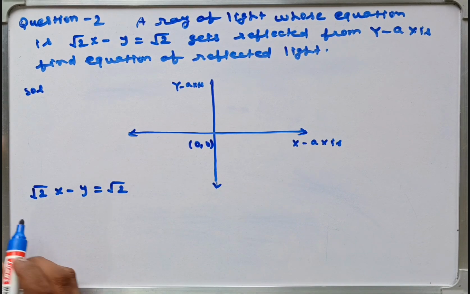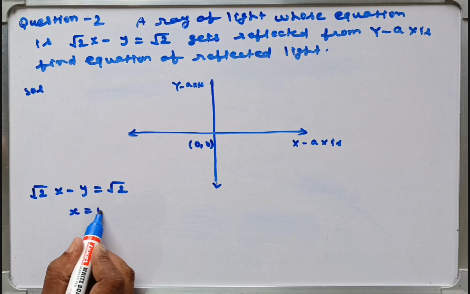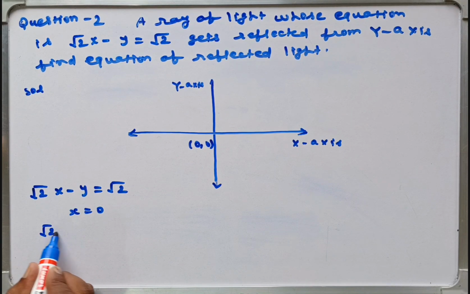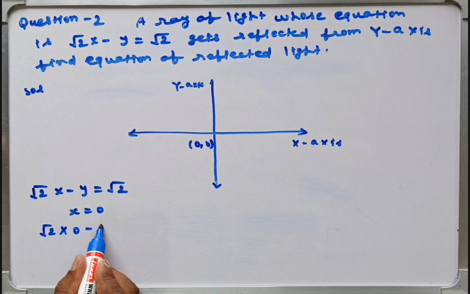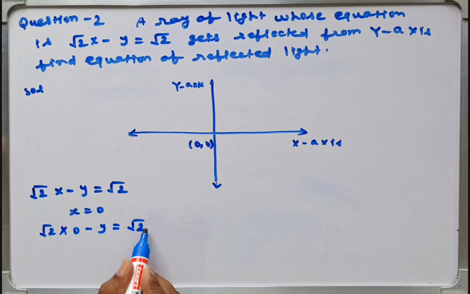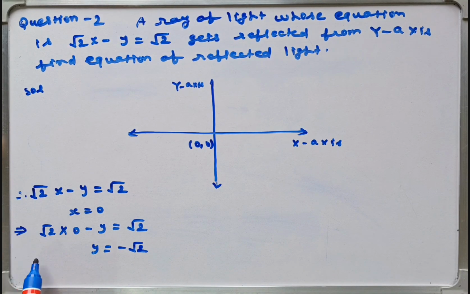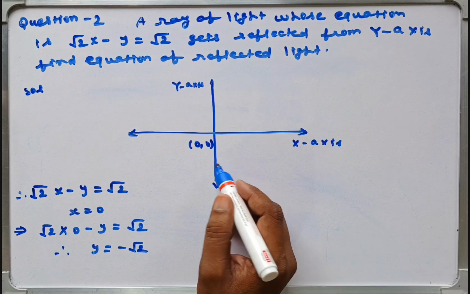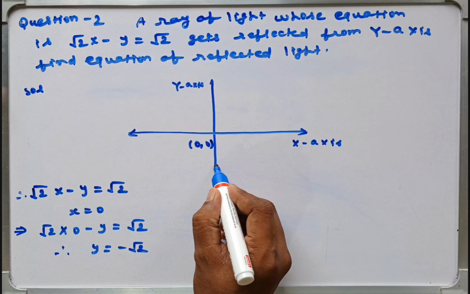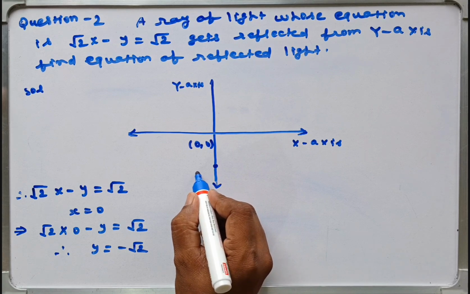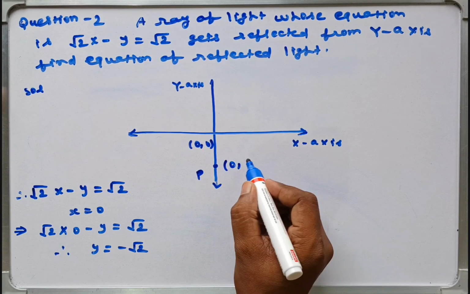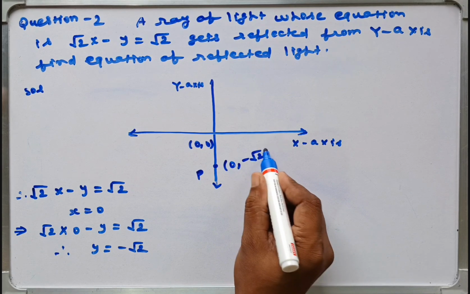So we put x equal to 0, then we get root 2 into 0 minus y equal to root 2, so y will come minus root 2. So this line is reflected from point P (0, minus root 2).